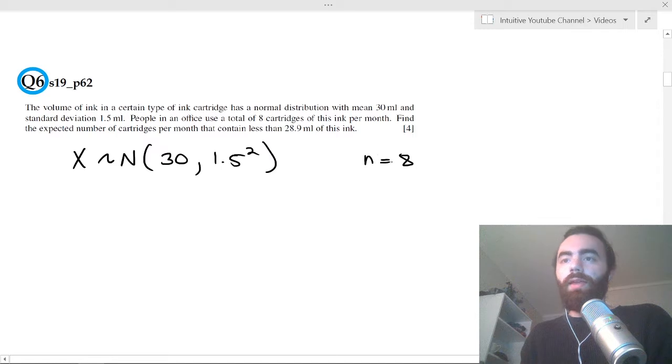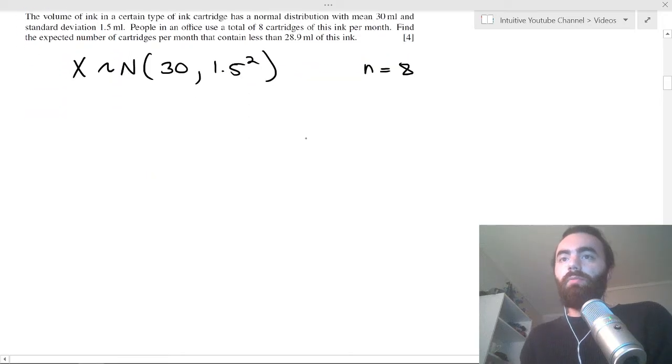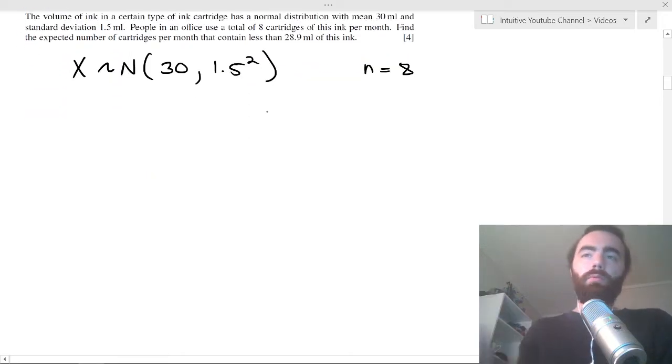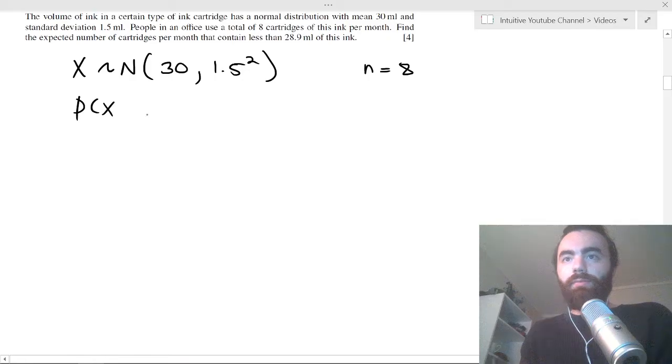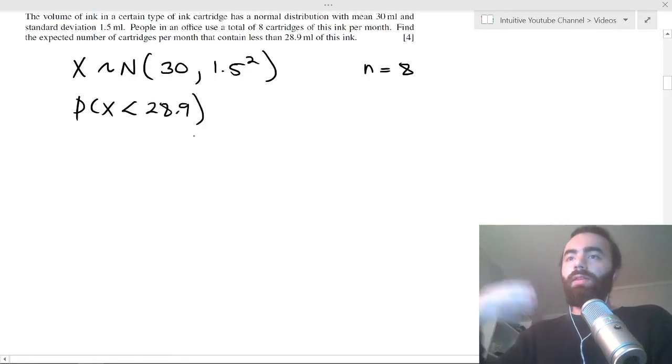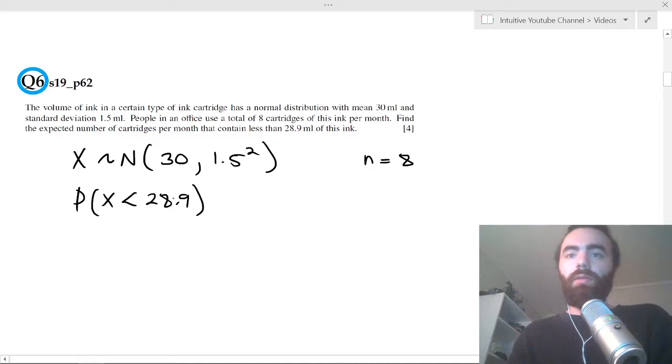So they use a total of 8 every month. Find the expected number of cartridges per month that contains less than 28.9 milliliters. Well, if we find the probability that X is less than 28.9, then we can find the expected number of cartridges that will have less than 28.9, which we'll just times by 8.